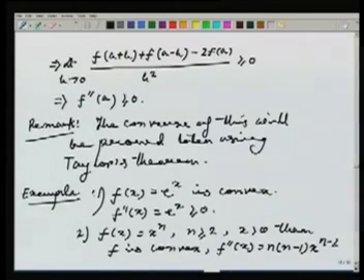Since n is bigger than or equals to 2, this quantity is always non-negative because it is a power of x and x is positive, so the function is actually convex.